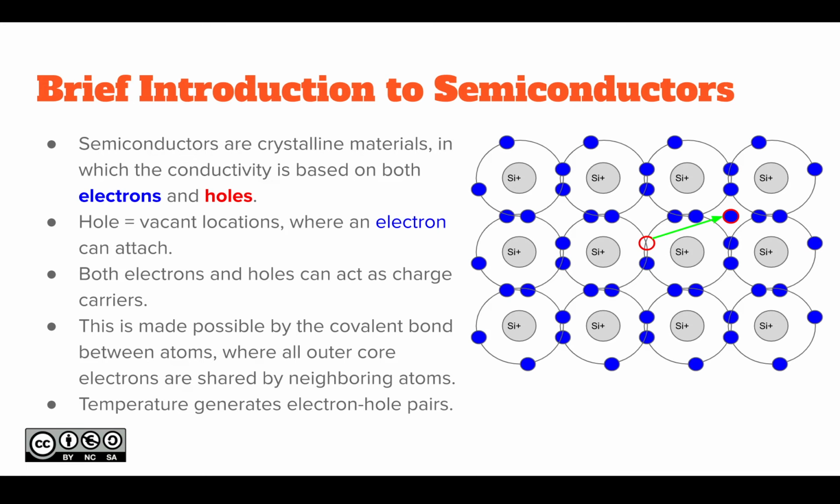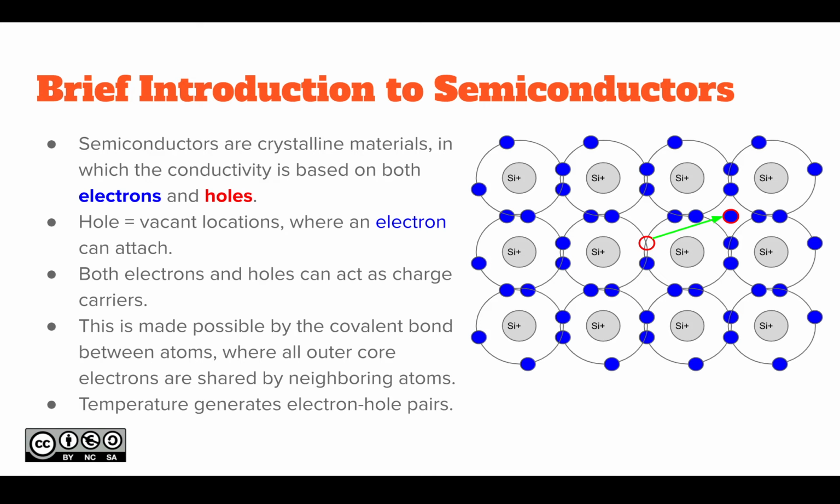Crystalline structure. Basically, this is possible only by the covalent bond, meaning all these outer core electrons are bonded to the next atoms and shared by the neighboring atoms. Temperature is enough to generate electron hole pairs.